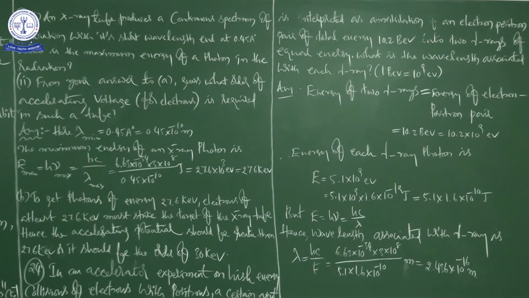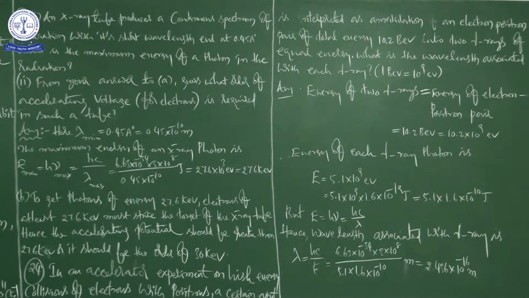Okay, right. See here. So in this problem there are two things, 1 and 2. The first thing is, an X-ray tube produces a continuous spectrum of radiation with its short wavelength at 0.45 angstrom unit, full stop. What is the maximum energy of a photon in the radiation? This is one.